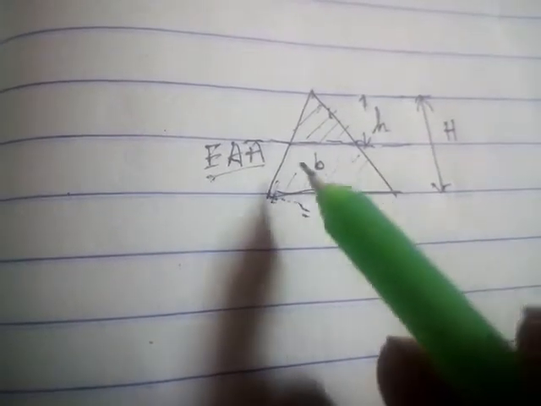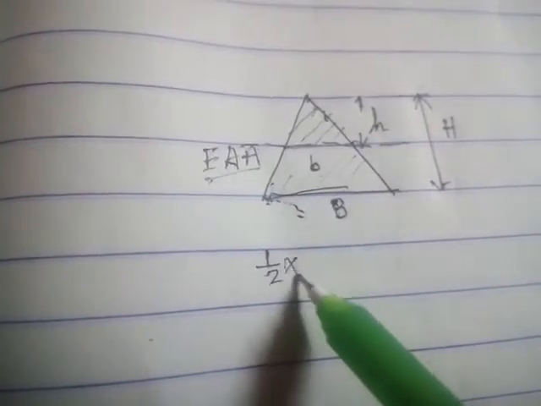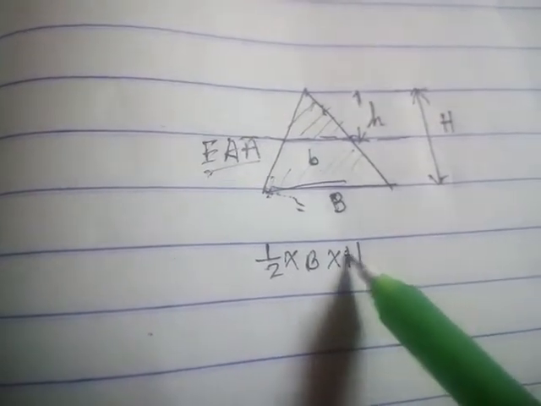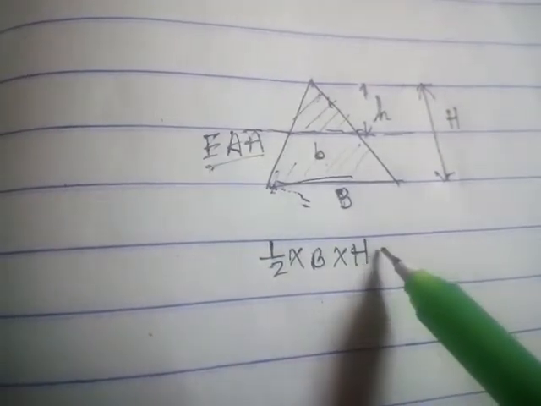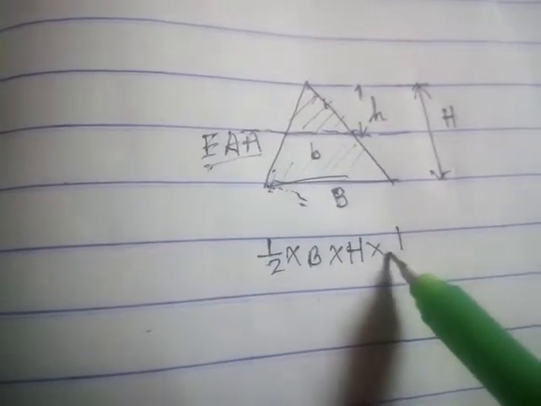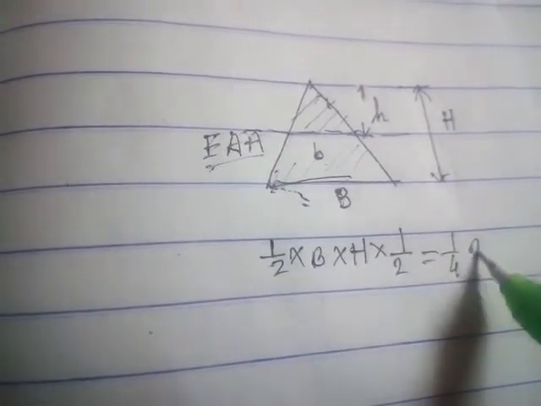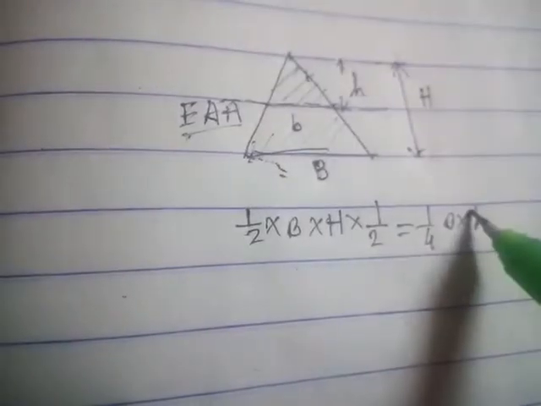Now the area of the big triangle will be half into base B into H. This is the total area, and its half area will be divided by 2, that means 1/4 into B into H, okay. Now sorry, do capital H.